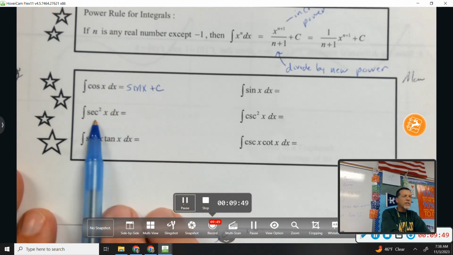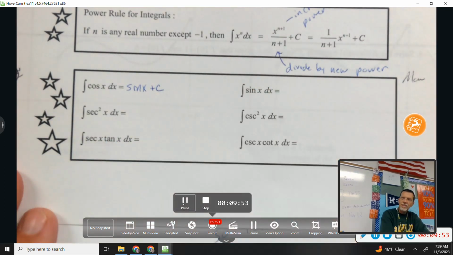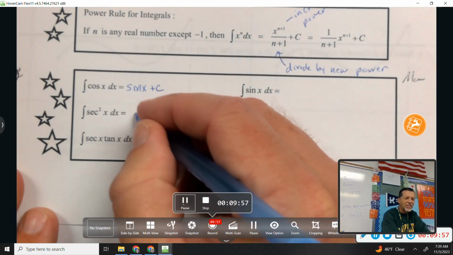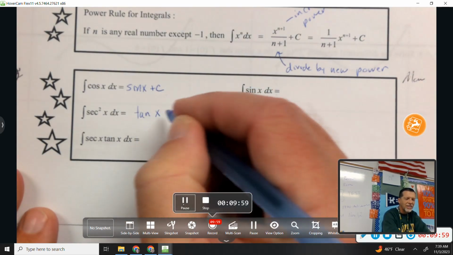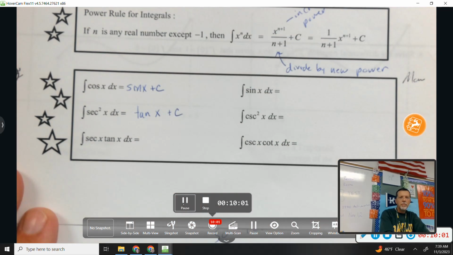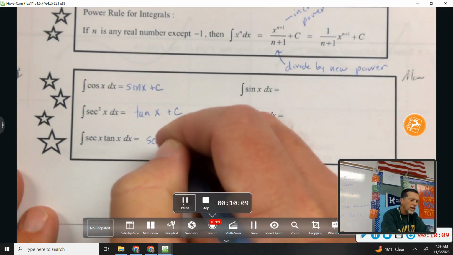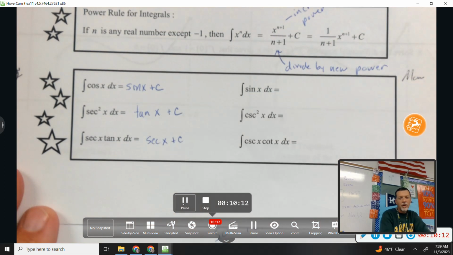Who has a derivative of secant squared? The derivative of tangent is secant squared, plus c. And who has a derivative of secant tangent? Secant. So again, those are the rules that we already know, but we're using them in reverse.